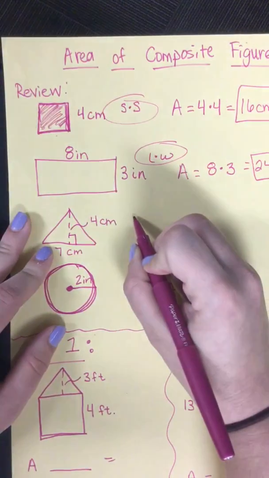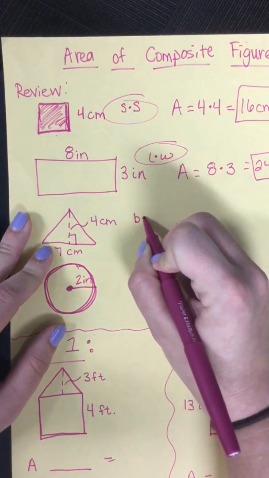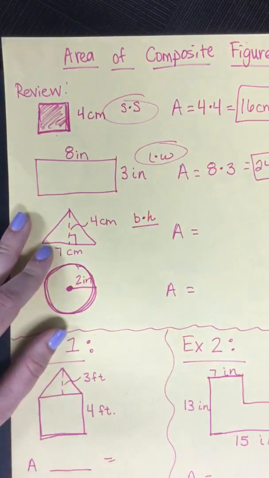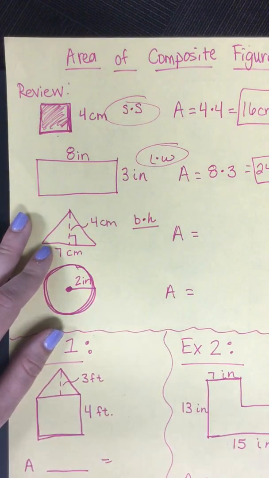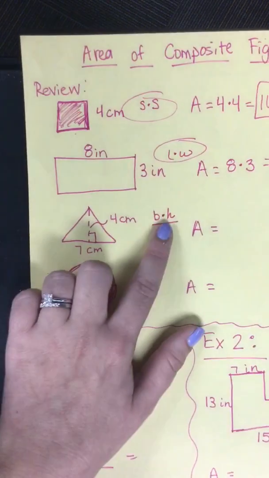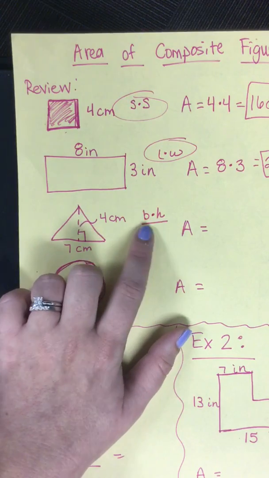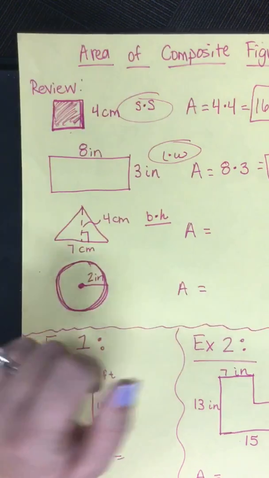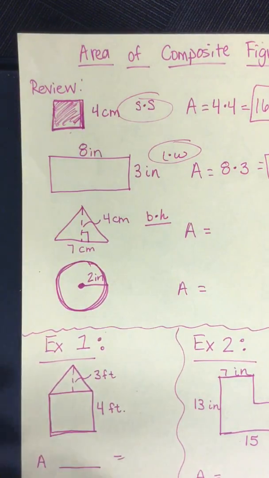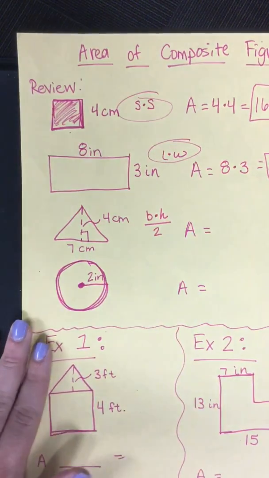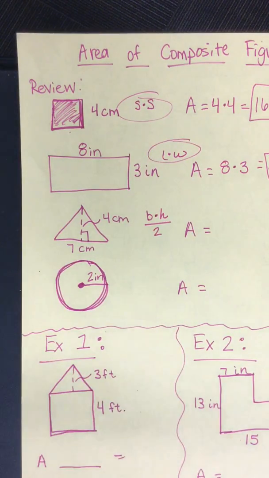Awesome, okay, so everybody write this down. B times H. B stands for base, H stands for height. Base times height, and then notice I put a fraction bar underneath it because that means to do what? And then I'm going to put a 2 on the bottom. Okay?